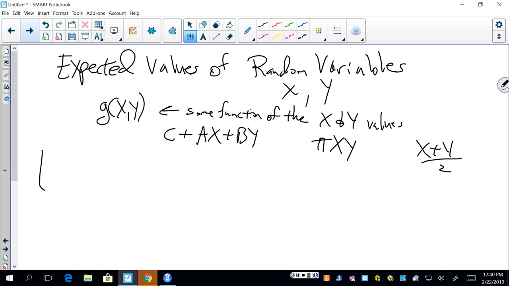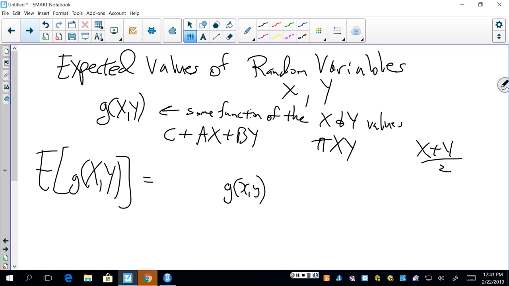So the expected value, E, of this function of things that we're interested in, for bivariate discrete random variables, follows the general idea that we're going to take the values that our function g(x, y) can take on. For the values 1, 2, 3 for x, and 1, 2, 3 for y, we plug them in there and compute whatever that is.